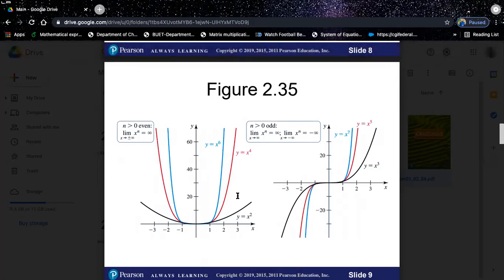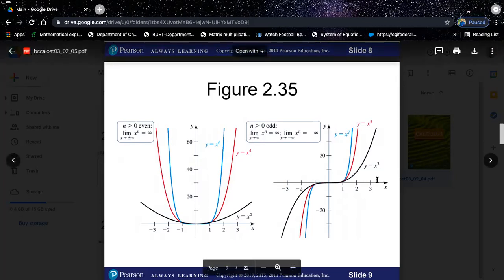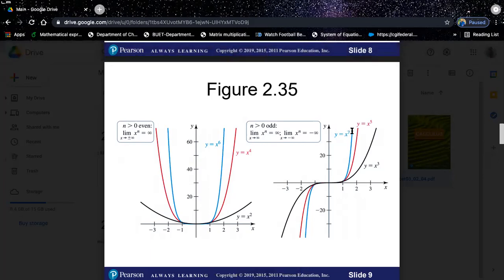But what happens for the odd functions? For odd functions, if you take anything positive, you'll get a positive value, right? But if you take anything negative, since the exponent is odd, you will get a negative value. Do you agree? If that's the case, moving towards positive infinity, the function will go towards positive infinity.